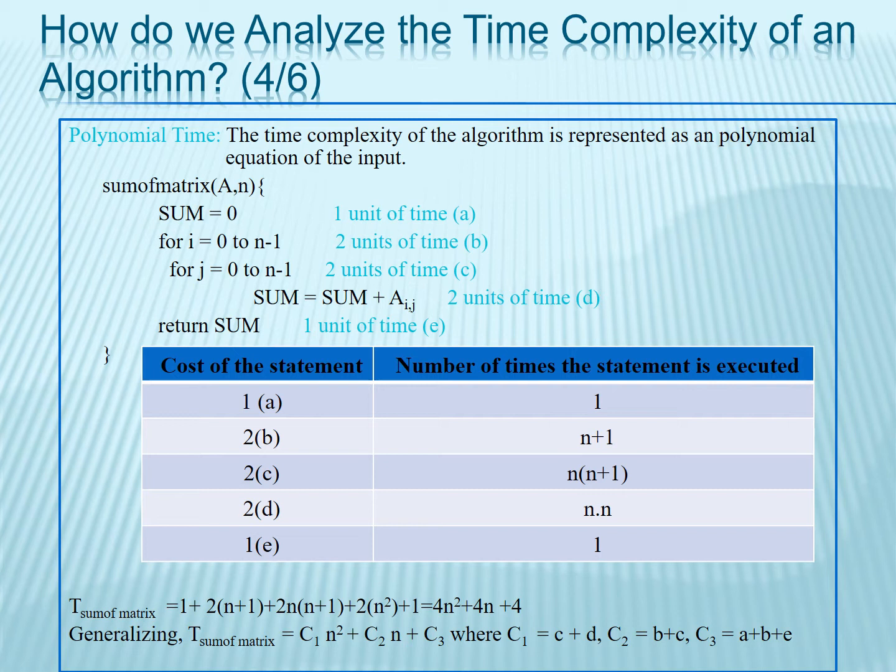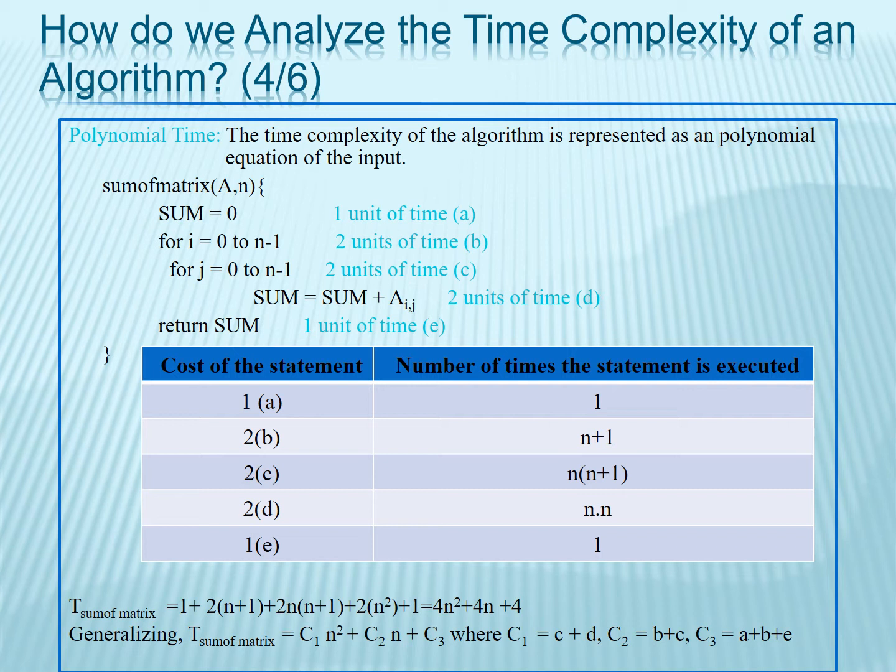The assignment statement, which assigns the sum of the variable sum and each element of the array A, takes 2 units of time for the addition and the assignment. The return statement has 1 unit of time. The table here gives the cost of the statement and the number of times the statement is executed. The first statement, assigning 0 to the variable sum, has a cost of 1 and the number of times the statement is executed is 1.